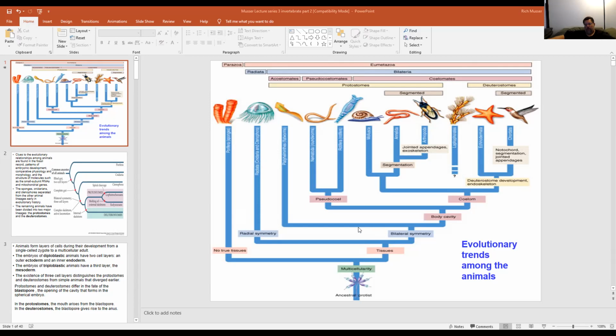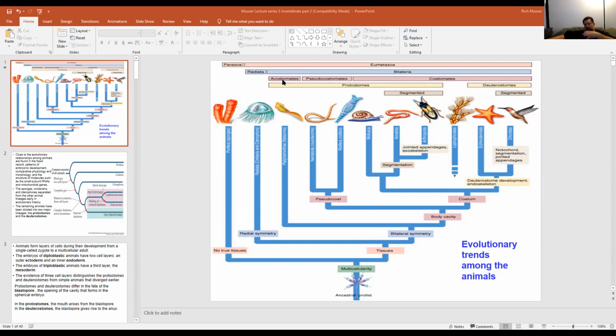So that brings up a new group of categories that we need to discuss a little bit. The acoelomates, pseudocoelomates, and coelomates, and also the idea of protozomes versus deuterozomes. Now, I haven't shown you any pictures, but acoelomates are animals that don't have body cavities.